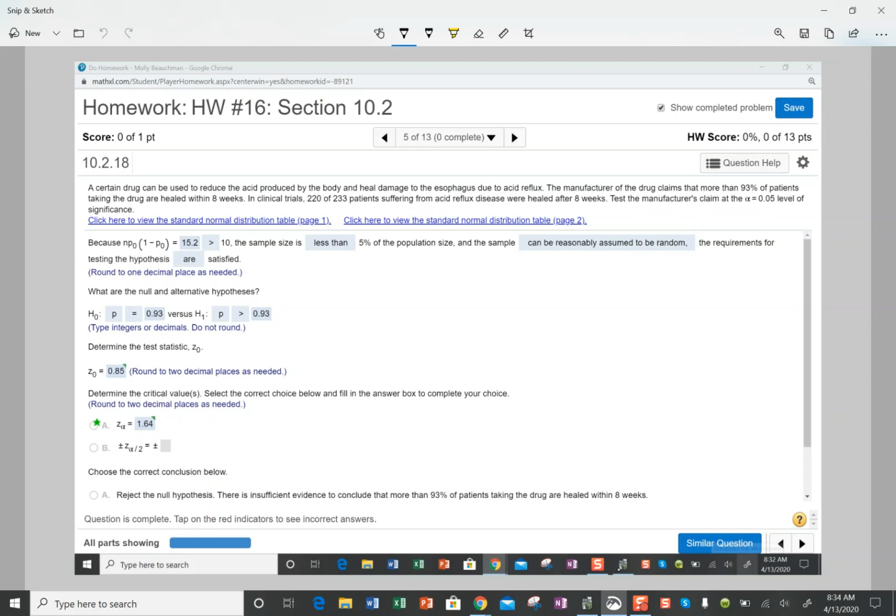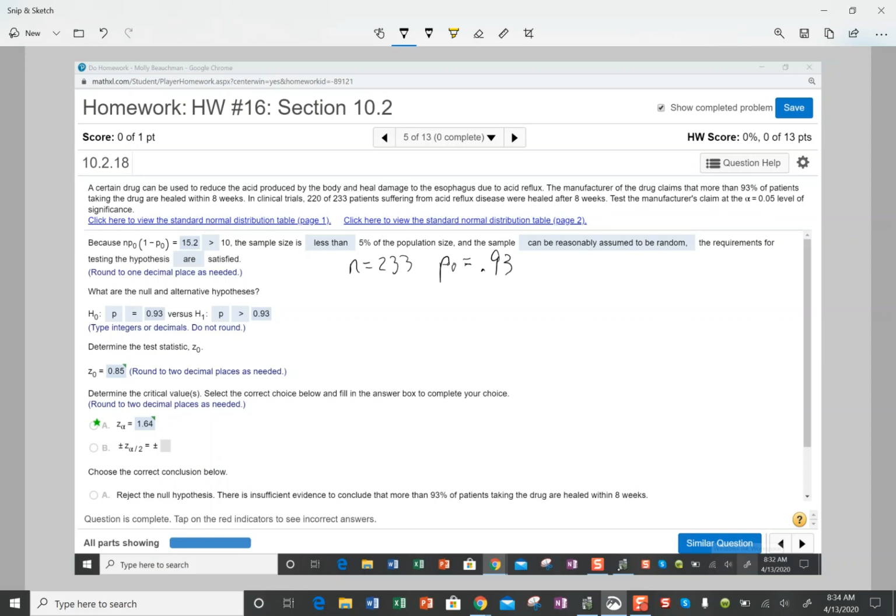So the first step is to take a look and make sure that all the conditions or requirements are satisfied. First, to make sure that n times p naught times 1 minus p sub 0 is greater than 10; here it is 15.2. In this case, n is your sample size, 233, and p sub 0 is your null hypothesis value, or what we're testing against, and the claim is 0.93.